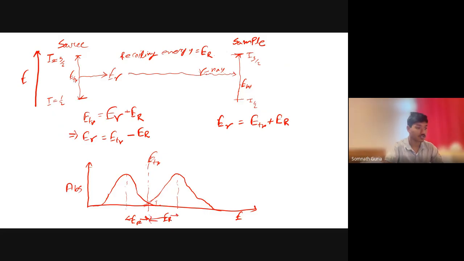We are losing some energy because of the recoil, and we don't get that much overlap between source and sample.